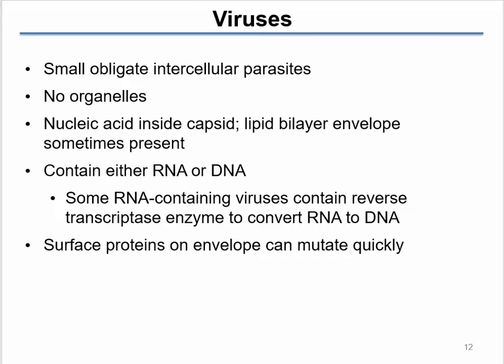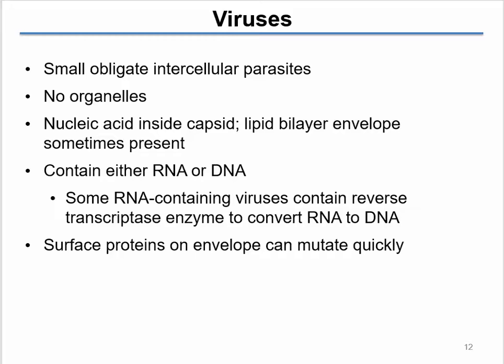Viruses are a very simple form, and all they really are is a protein coat called a capsid, kind of like a capsule, and some sort of DNA or RNA. So it's nucleic acids inside this protein coat. Some of them are enveloped in a lipid bilayer, kind of a cell membrane.